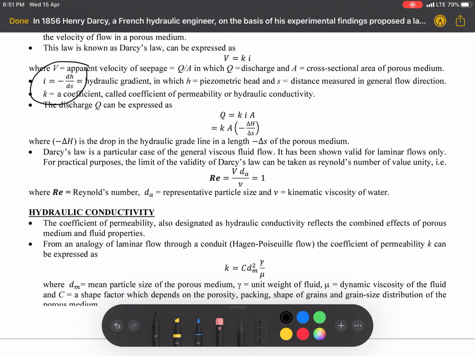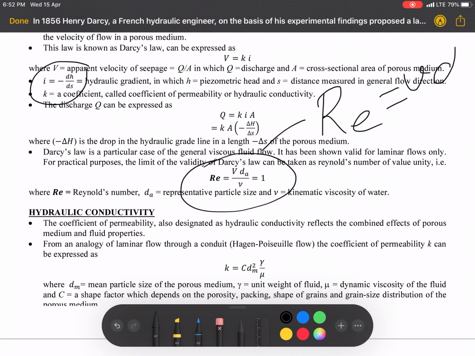As we have seen in unit 1, this is the Reynolds number. Reynolds number is V d upon nu, where V is velocity, d is particle size, and nu is kinematic viscosity. Kinematic viscosity is defined as dynamic viscosity over mass density.